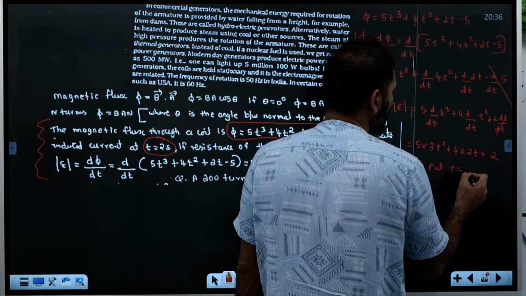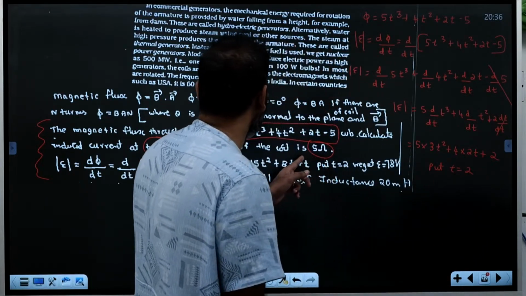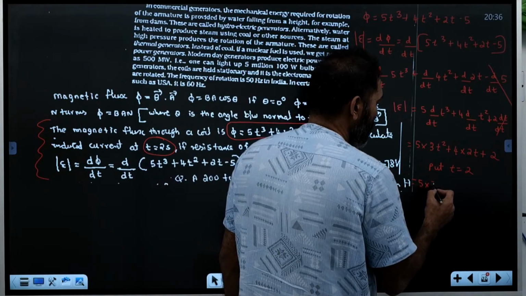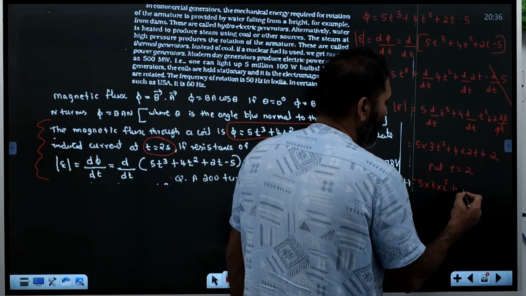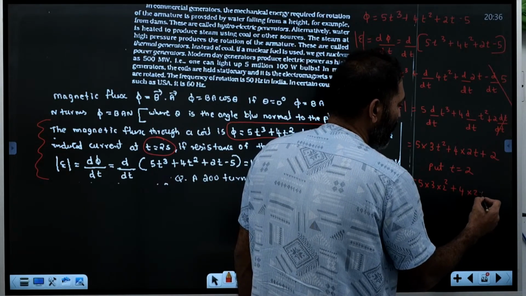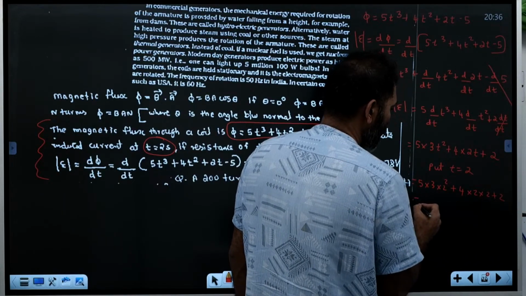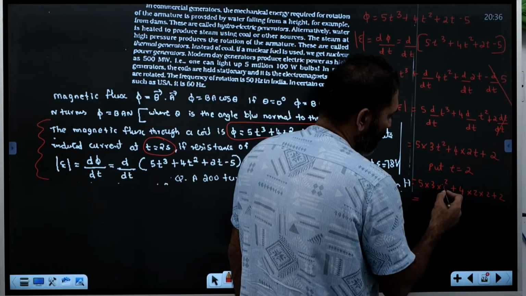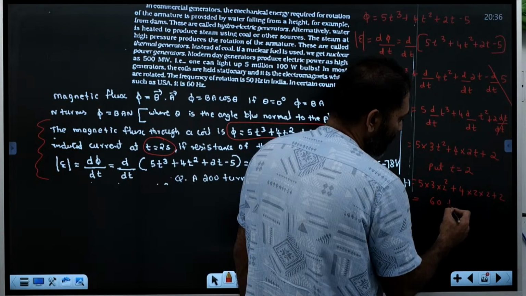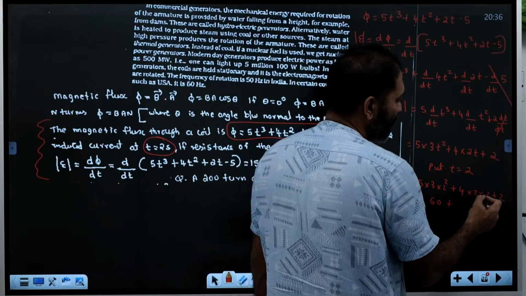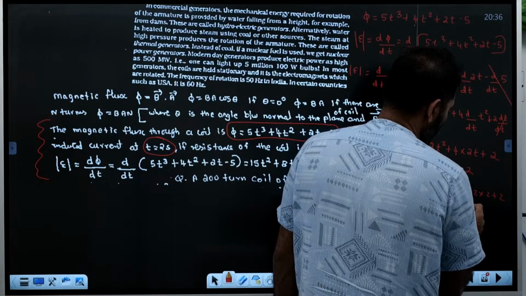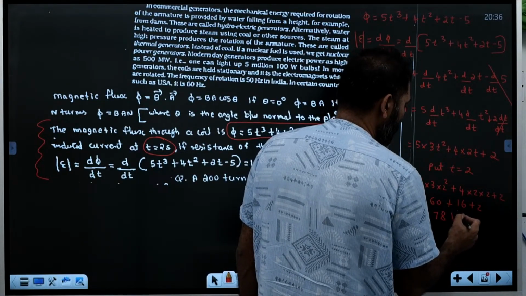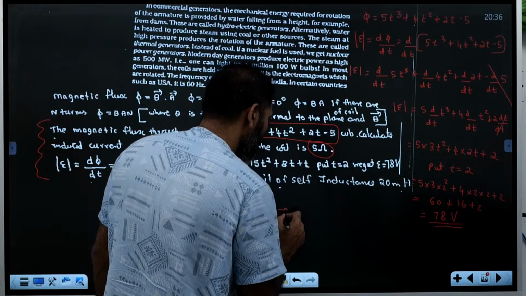In the question it is given that we have to find out the induced current at t equal to 2 seconds. So, 5 into 3 into 2 square plus 4 into 2 into 2 plus 2. So, 3 into 4 is what? 12 into 5, 60, plus 4 into 2, 8 into 2, 16, plus 2. So, what is the answer? 78 volt. What is current I?